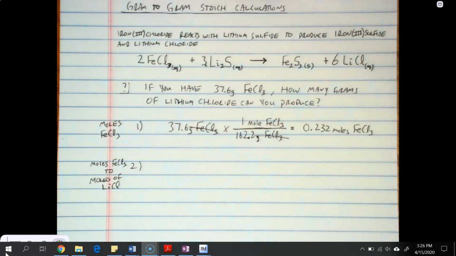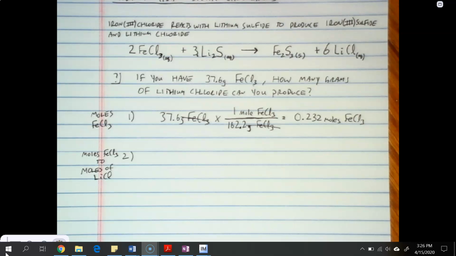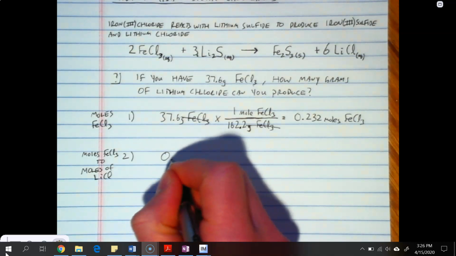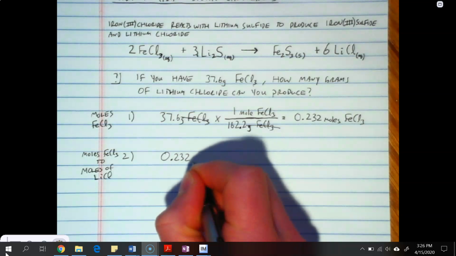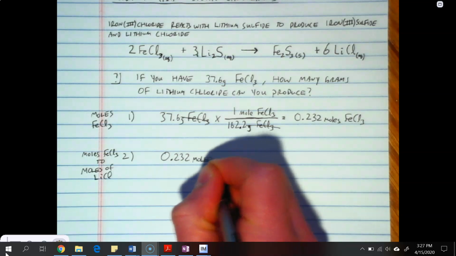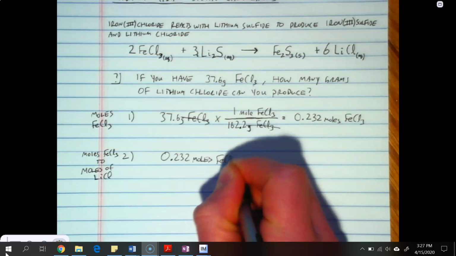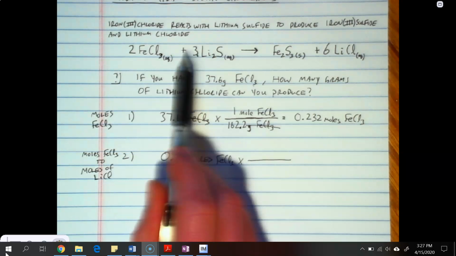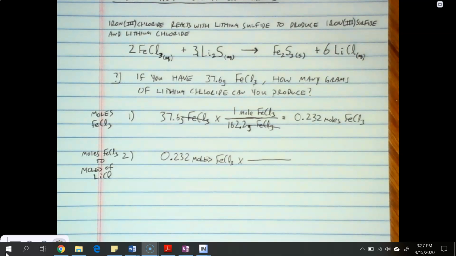All right? This is what we did all last class. So last class, if we started with some number of moles of one substance, we could then use a mole to mole ratio in our balanced equation to come up with the moles of the other.